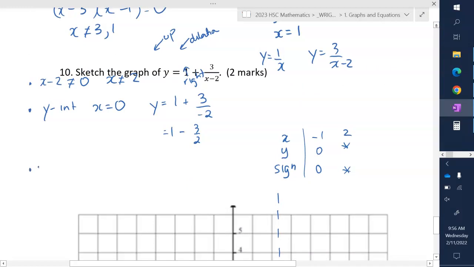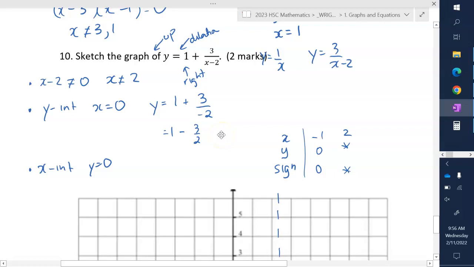Sorry, I'm just assuming because it's a fairly easy graph. X-intercept at y equals 0. Just going to fix this page up a little bit. It's slid down. There we go. So what we will have is 0 equals 1 plus 3 over x minus 2.